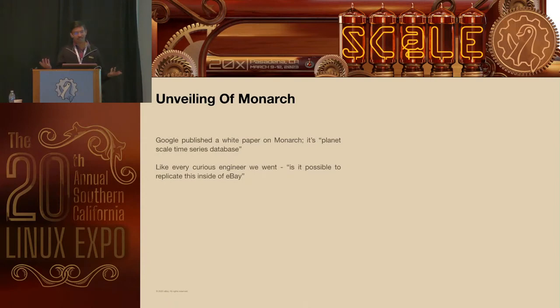And like every curious engineer, me and our lead engineer, Nick Prodash, started to think, is it even possible to replicate such a setup inside of eBay? What we did is a hackathon 3 years ago. Myself, Nick, our metrics track lead engineer, Sandeep, and 2 engineers, Karthik and Freesia, had a hack week inside of eBay where you're given 5 days to come up with something cool.